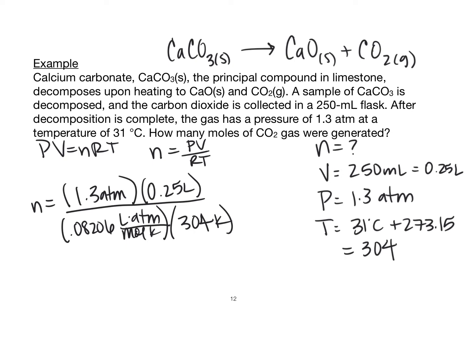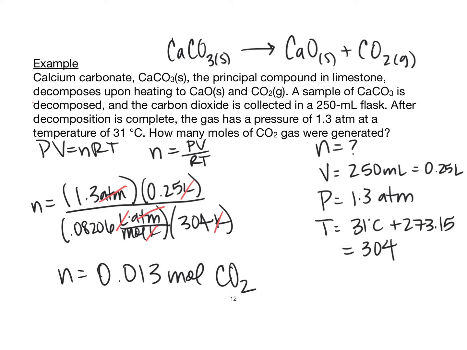So then we can go ahead and cancel out our units. The reason we converted to liters is so that it would cancel. And so that's going to give us a final unit of moles, where n equals 0.013 moles of CO2.